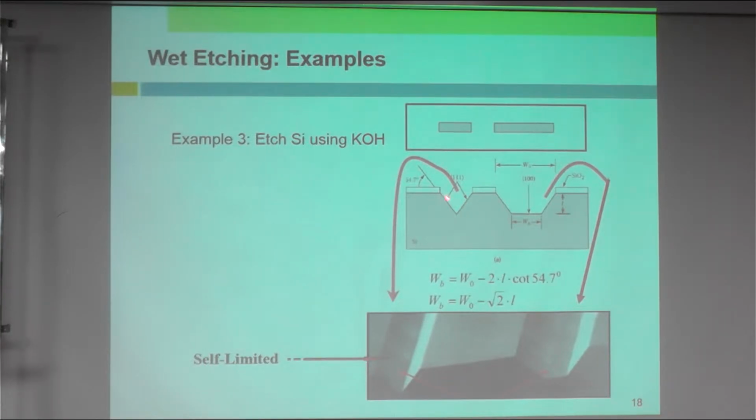If you have a mask exposed here, then with this surface opening of the crystal orientation, you can have this kind of shape with wet etching, this kind of tapered silicon surface.